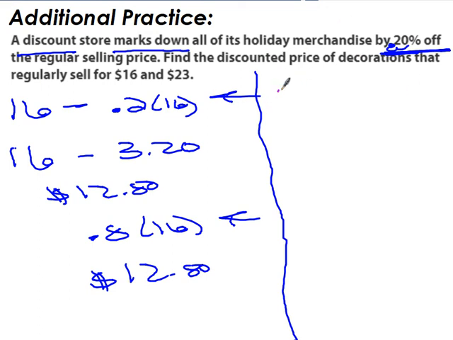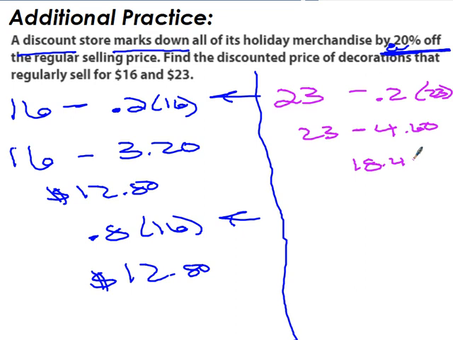Okay, so our first one, our original cost was $23. It's 20% off, so that's minus 20% of $23. That's one expression. 20% of $23 is $4.60. So then now I can do a quick subtraction to get my new price of $18.40.